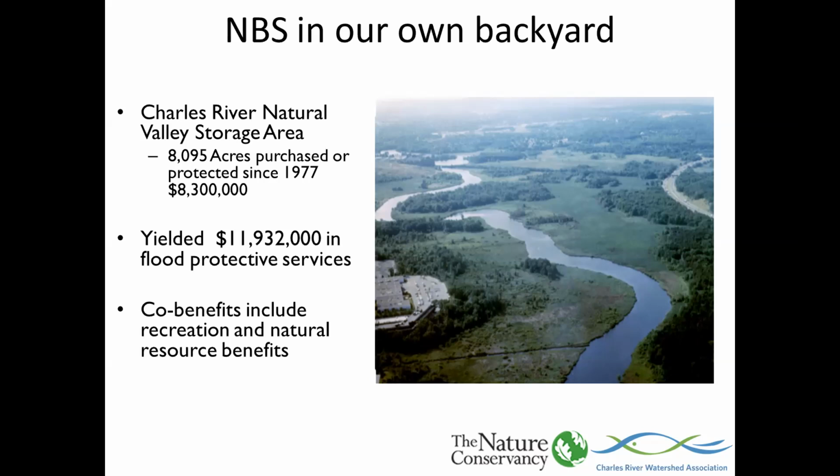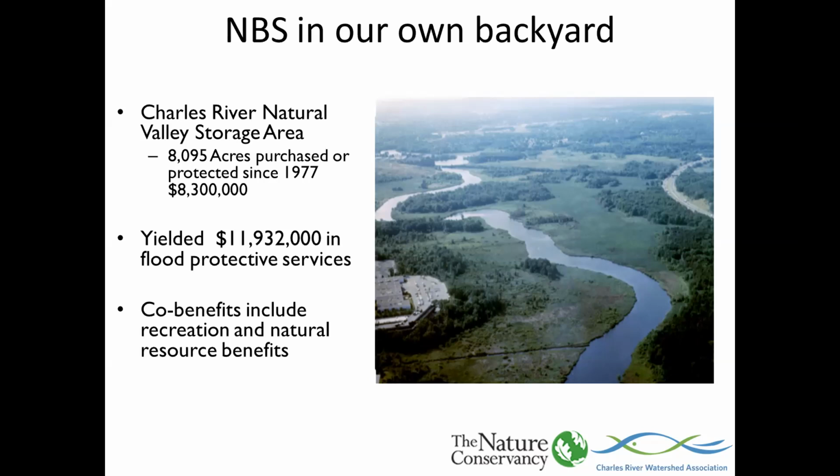And this came about almost 40 years ago at this point. The Army Corps, after some devastating hurricanes, was looking at doing flood protection enhancements for the Charles River. And they came up with an idea for a very traditional Army Corps dam and levee type system.